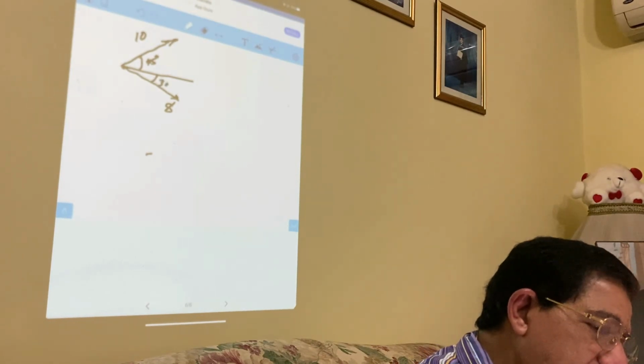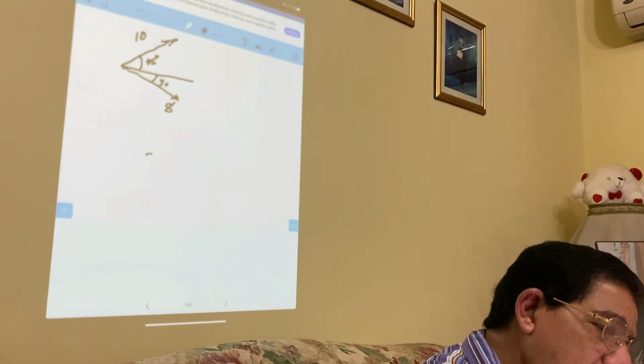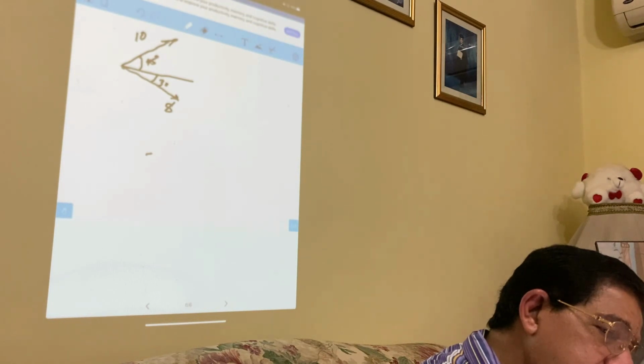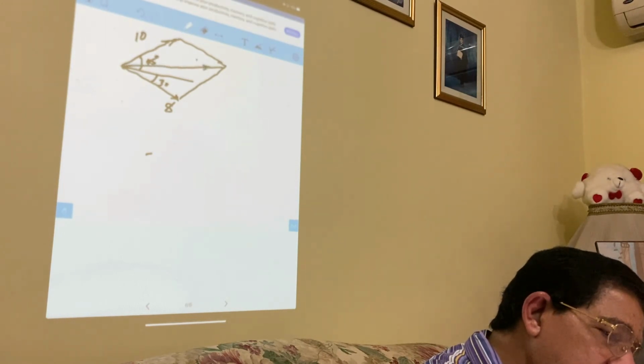And we want to get the resultant. We complete the parallelogram. This is the resultant force.